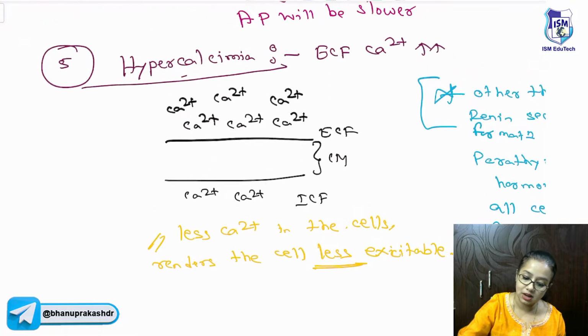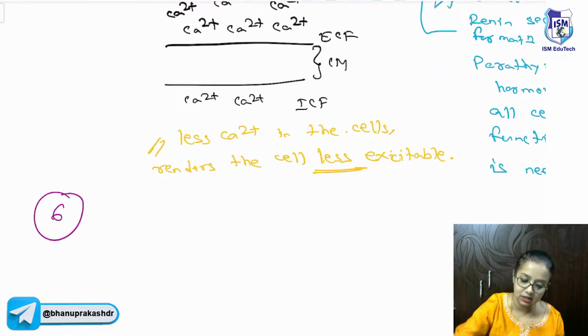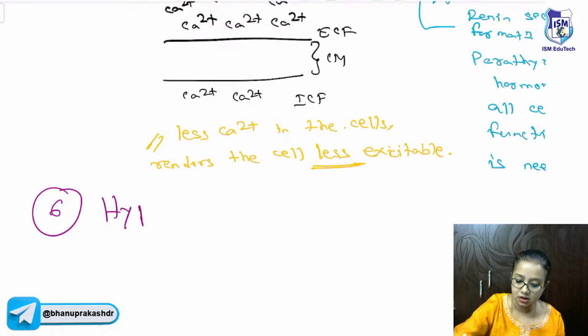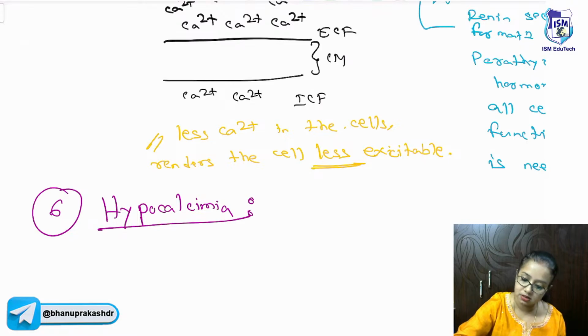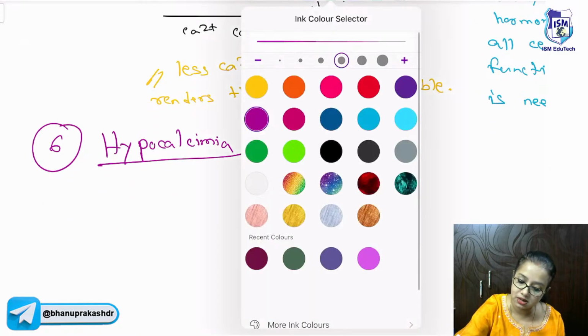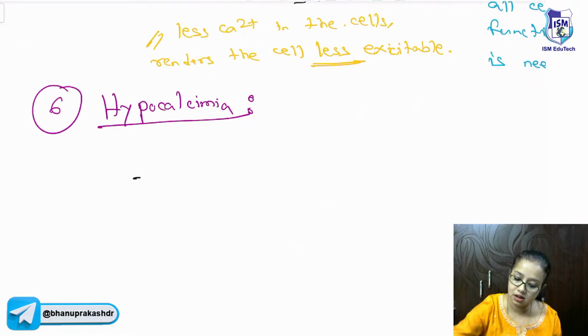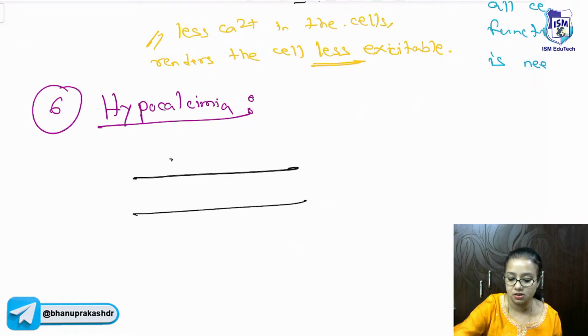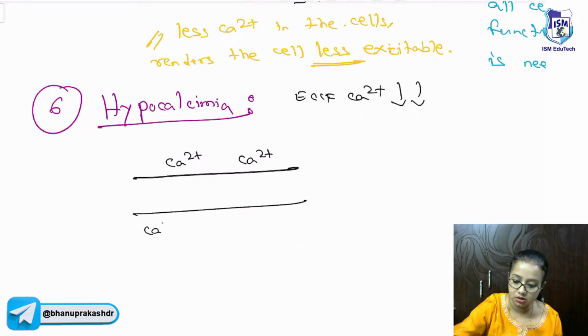If we have understood hypercalcemia, we can easily talk about hypocalcemia. So hypocalcemia, what does that mean? It means when the concentration of calcium is less in the ECF, it goes down. So the concentration of calcium is now more within the cell compared to outside the cell.